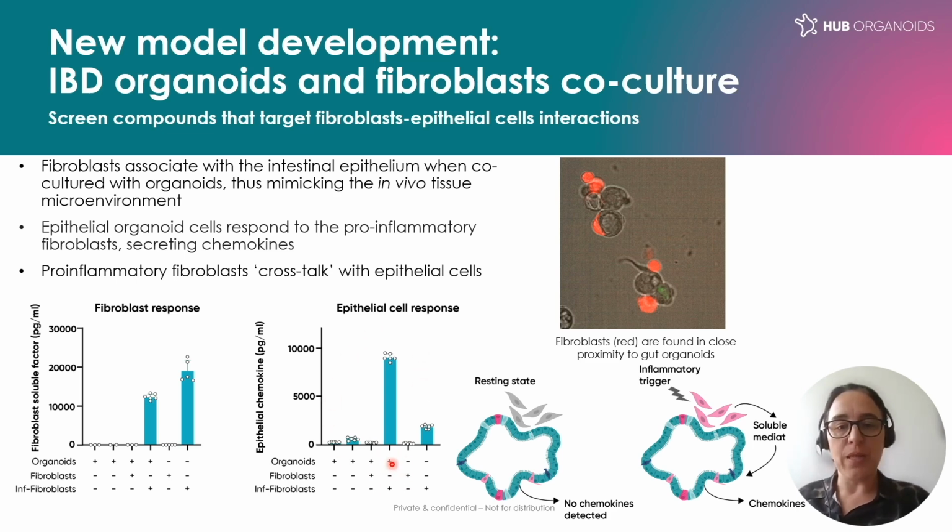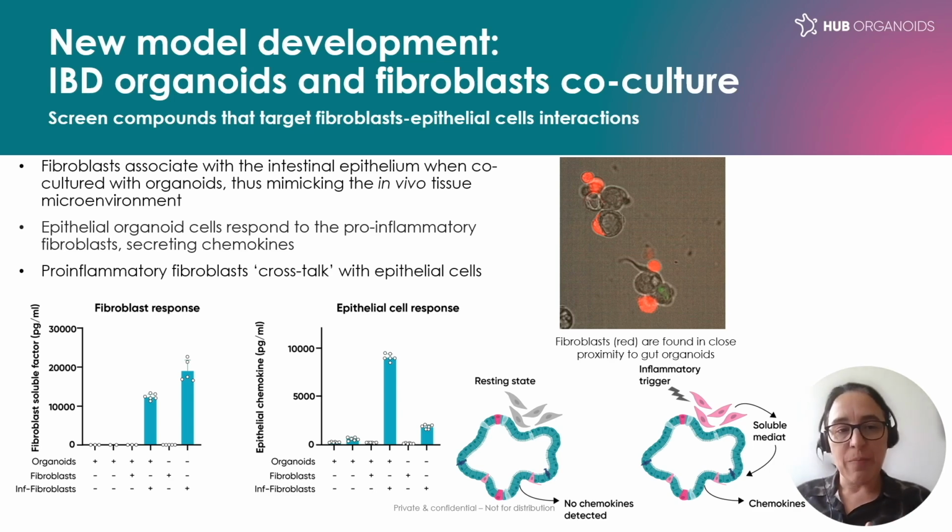But when the epithelial organoids are co-cultured with inflammatory fibroblasts, we see the secretion of this epithelial chemokine, suggesting a crosstalk between the inflammatory fibroblasts and the epithelium. There is a small secretion of the same chemokine by the fibroblasts, but we can see clearly that there is an epithelial response when they are in contact with these inflammatory fibroblasts.